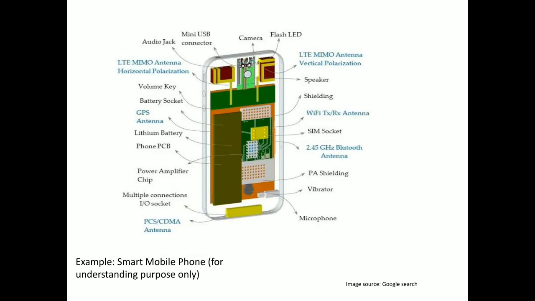Just have an idea about why we are going through the requirement stage, architecture stage and all. Next we will take a mobile phone example. Please observe the mobile phone. Here also you can see different components: a camera, a microphone, a speaker, antennas, a volume key, a battery socket. All these are not directly placed. They will first take the application they are going to design. They are designing a smart mobile phone, then they'll list the requirements.